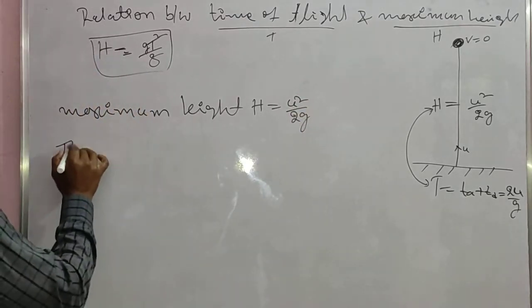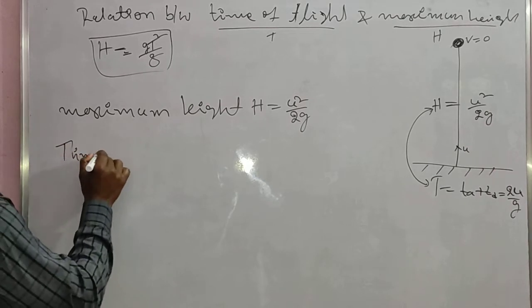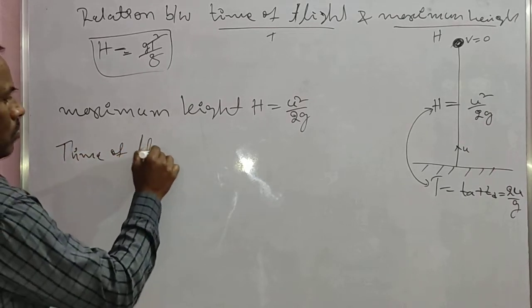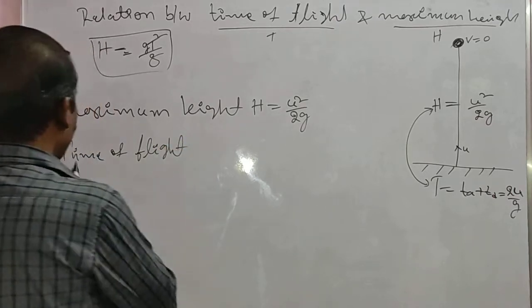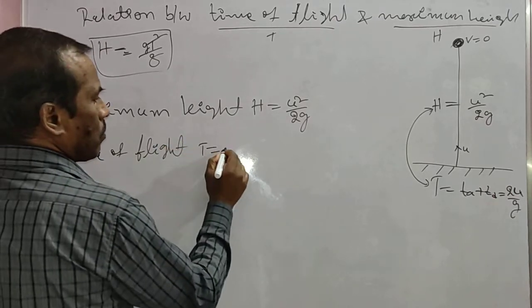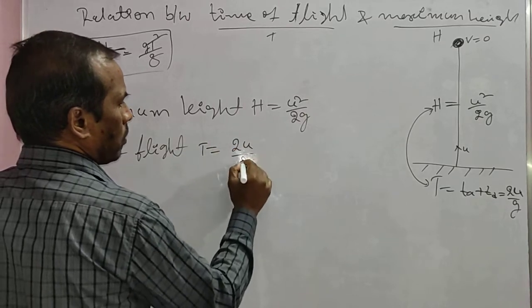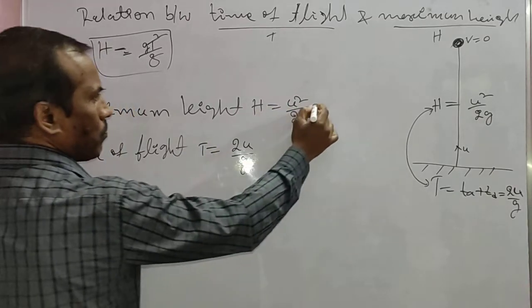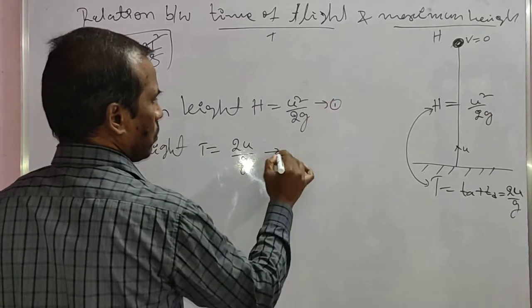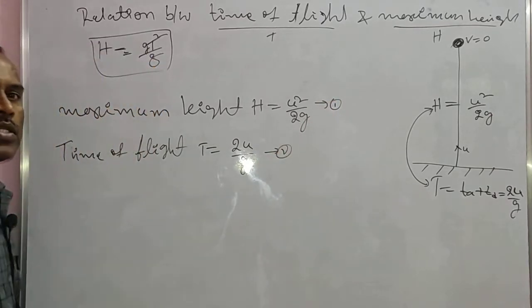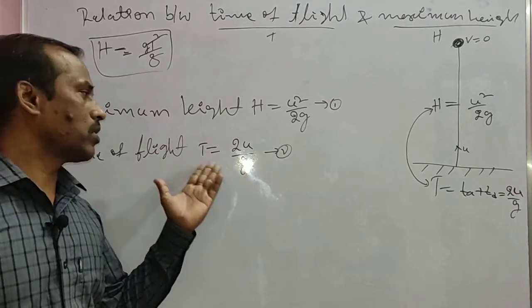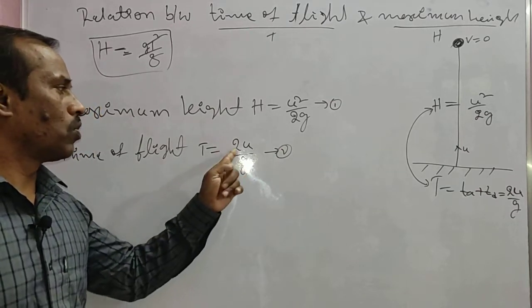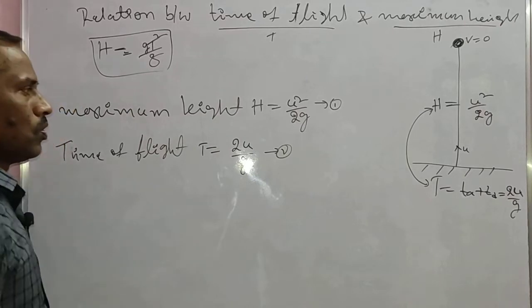Time of flight, capital T, is equal to 2u by g, equation 2. Squaring on both sides of equation 2, that means T square is equal to 4u square by g square.